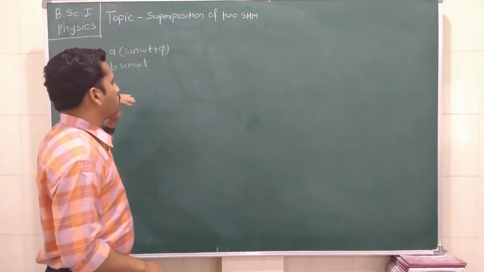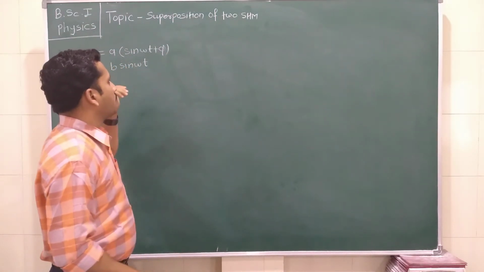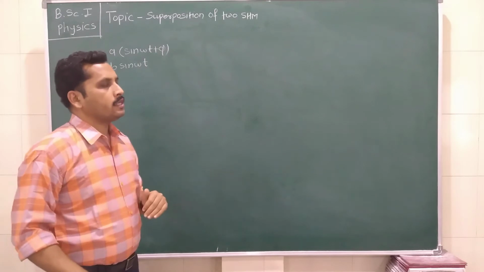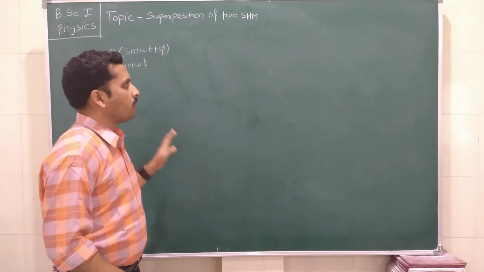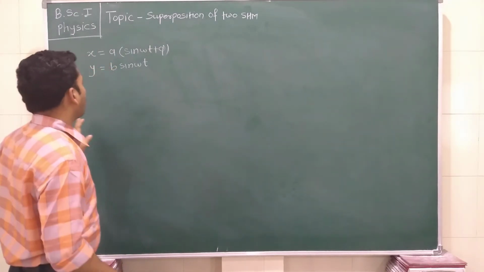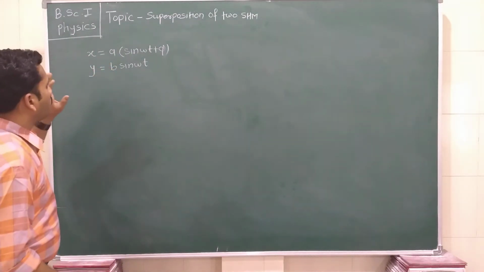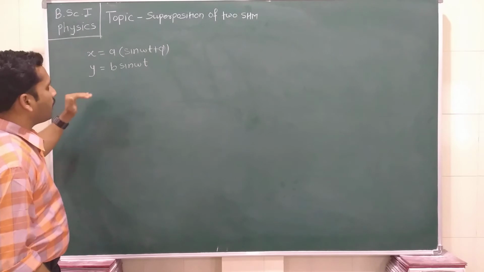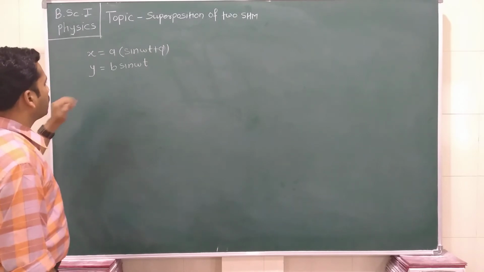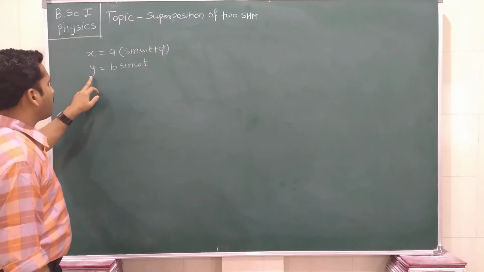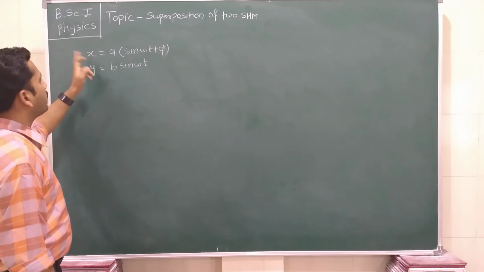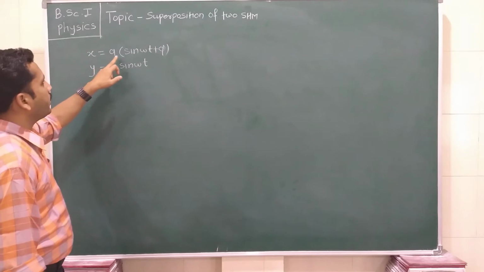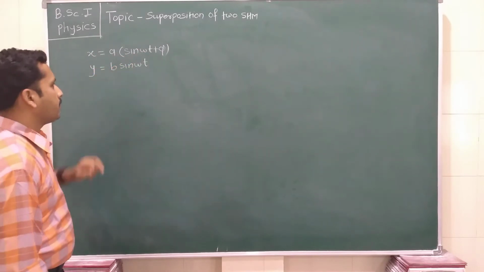When these two simple harmonic motions are mutually perpendicular to each other and superimpose on each other, what happens we are going to learn in this topic. Okay, so we know that when a particle is starting from mean position, its displacement is given by y is equal to b sine omega t, and the displacement of another SHM is x is equal to a sine(omega t plus phi).